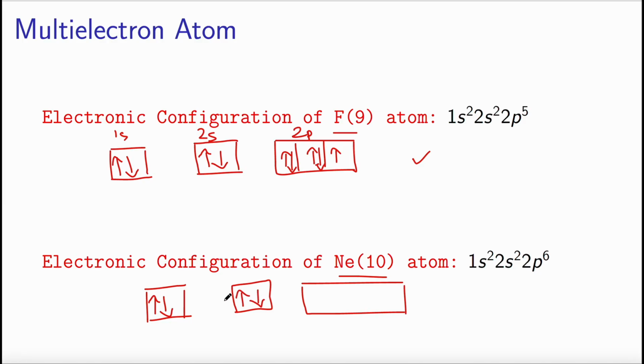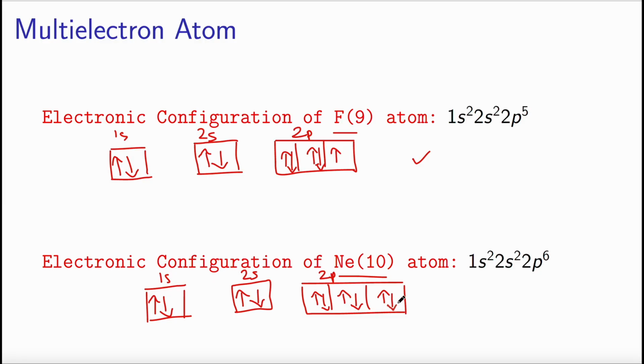Again, we just have to repeat what we have done before. 1s, 2s, and then we have the 2p sublevel, which has 3 orbitals. Electrons are placed like this, and then each orbital becomes doubly occupied, and here we have 10.